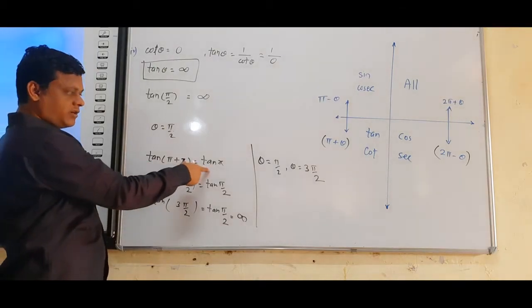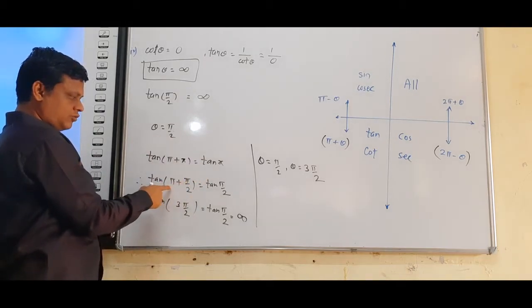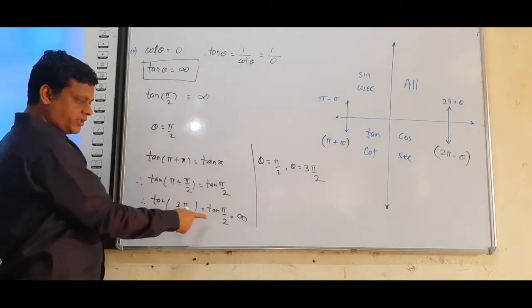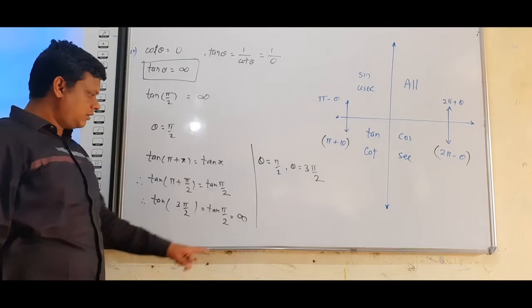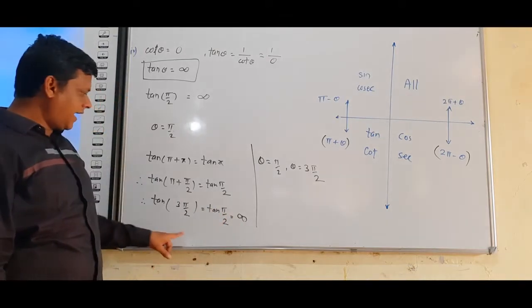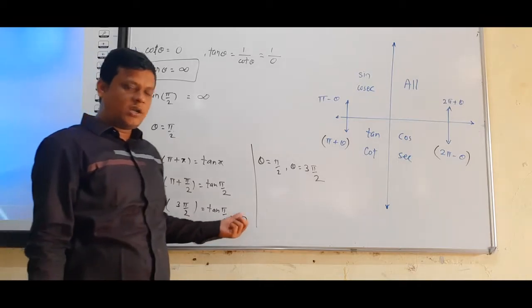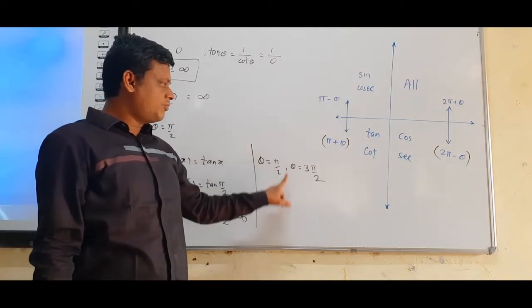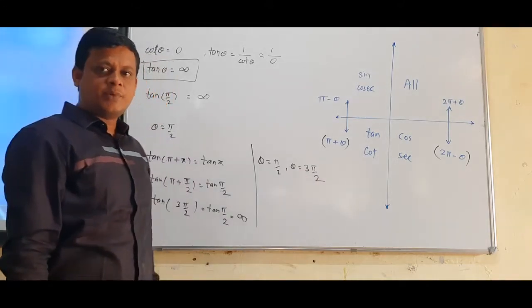Now we have to find the second value. Tan of pi plus x equals tan x. So replace the value of x by pi by 2. Pi plus pi by 2, that is 3 pi by 2, and this is not defined. So for angles pi by 2 and 3 pi by 2, this function is not defined. Therefore theta equals pi by 2 and theta equals 3 pi by 2 are the principal solutions.